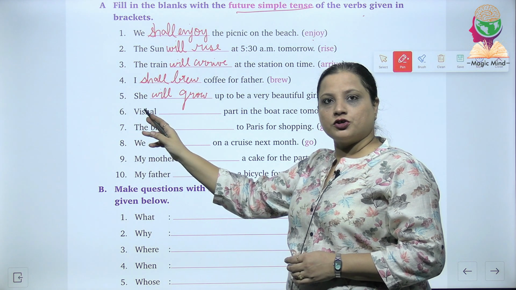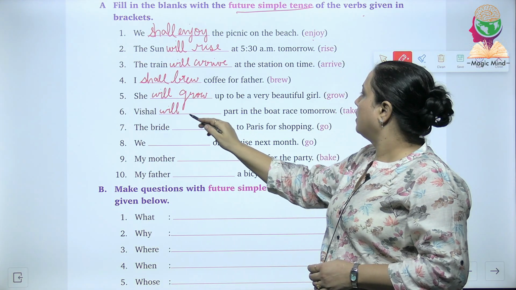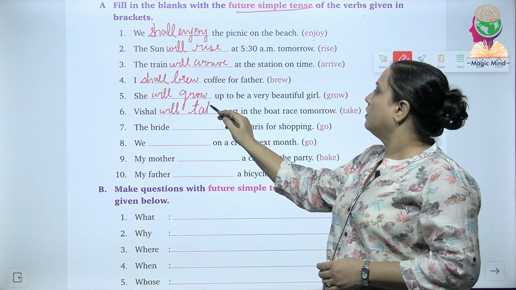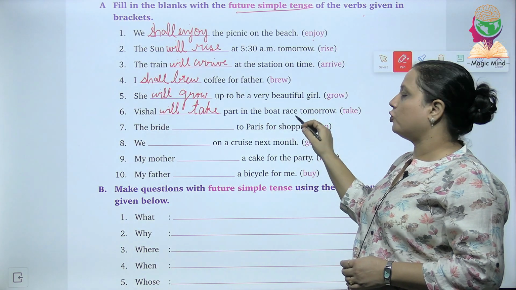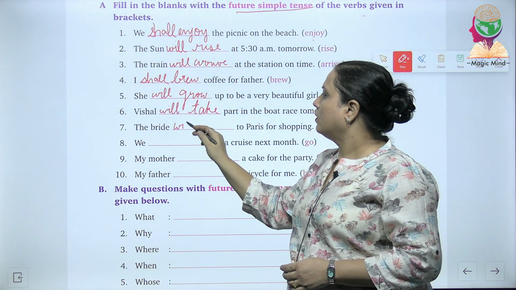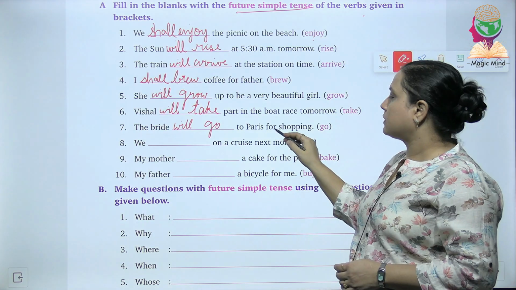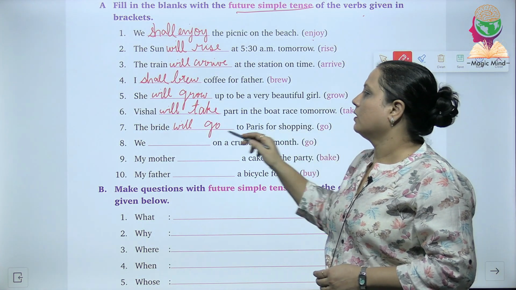Sixth is Vishal will take part in the boat race tomorrow. The bride will go to Paris for shopping.